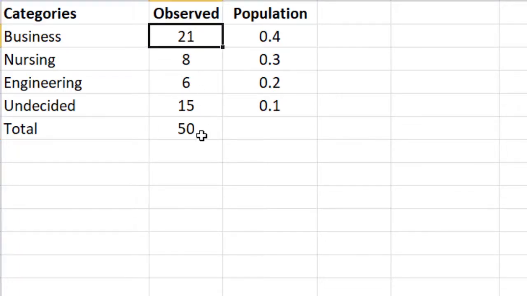So we actually found that 21 of the students in this sample are in business major, and 8 of the students in this sample are in nursing major, and 6 of the students in this sample are in engineering major, and then the rest is undecided.